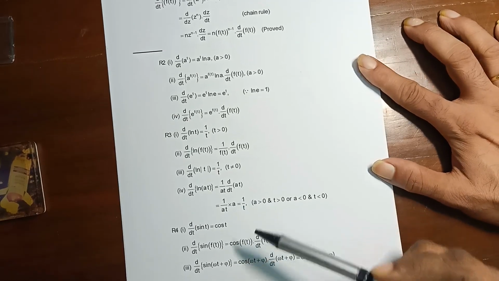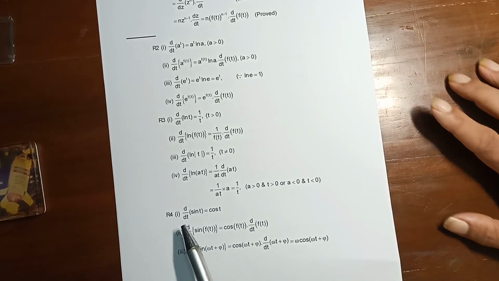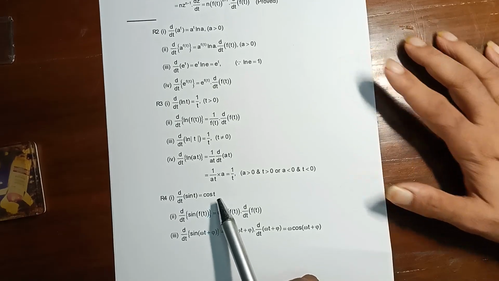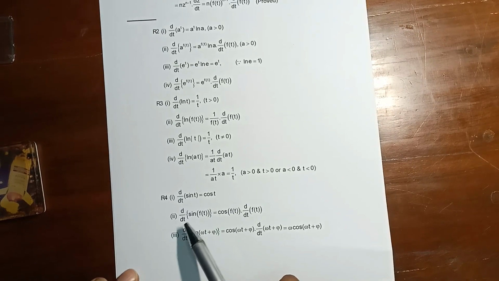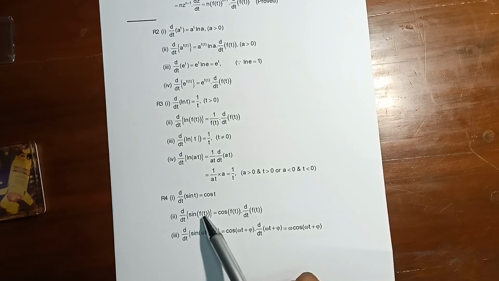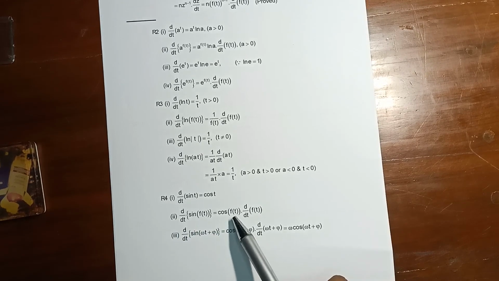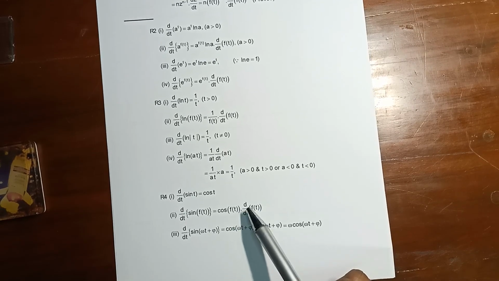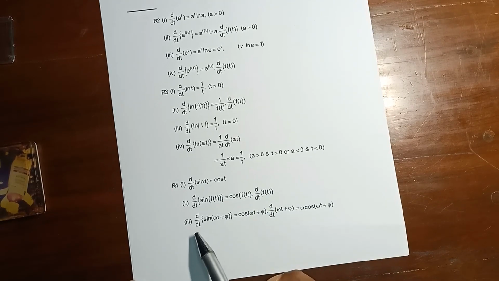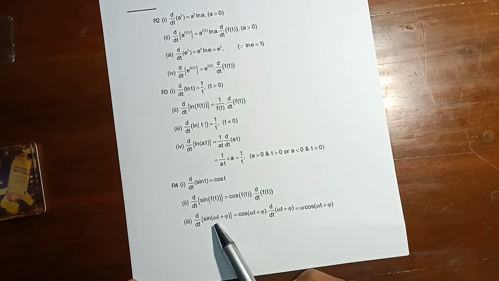Result 4, the trigonometrical result. d/dt of sin t is the standard result cos t. Again, if you have d/dt of sin f(t), think this f(t) to be z. So d/dz of sin z is cos z, meaning cos f(t) into d/dt of f(t). Similarly, d/dt of sin(omega t plus phi): think omega t plus phi is equal to z.